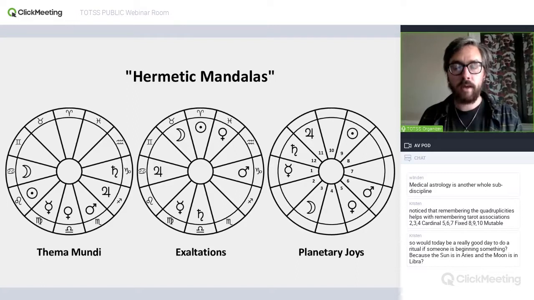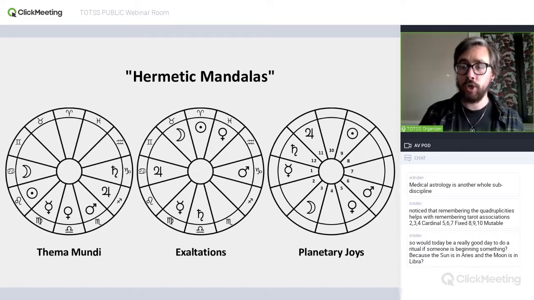I'm going to give you just some very basic information about these three diagrams, but there's so much more, and there are all kinds of interrelationships between them and so much depth that it's really something to meditate on. And I really like this phrase that Dykes used, calling them Hermetic Mandalas. I thought it was a really nice, evocative phrase, and you can get some of the sacred and esoteric character of these things.